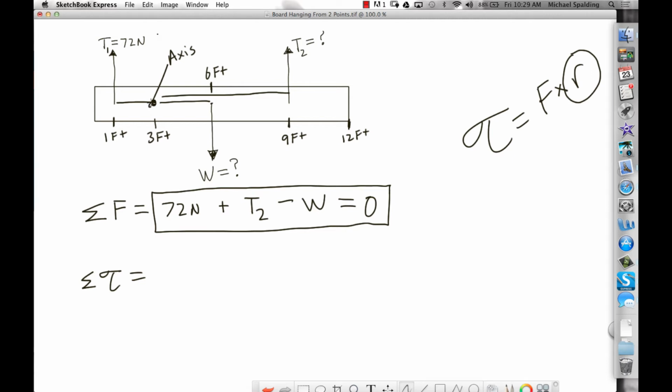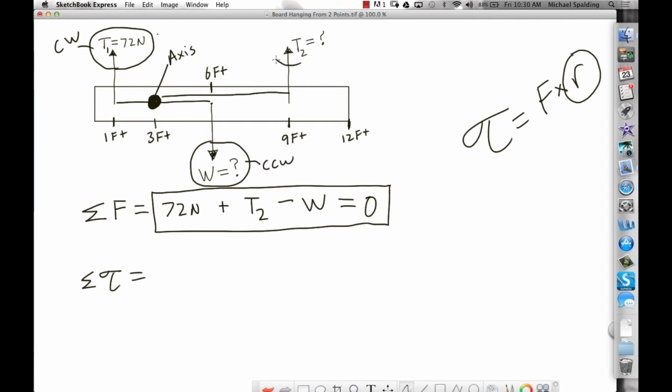So if this is our axis right here, which way is T1 pulling on the board? Would that be clockwise or counterclockwise? That would be clockwise. What's this guy doing to the board? And you gotta pay attention to where the axis is. The weight of the board would be pulling how?